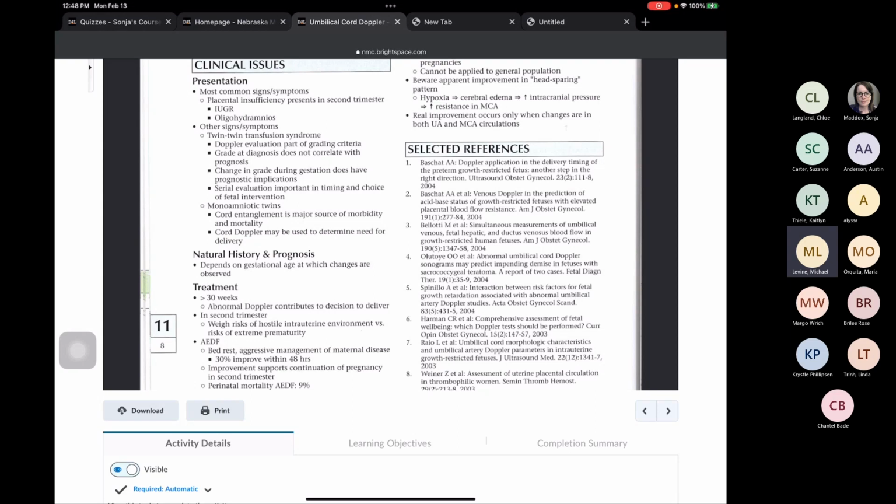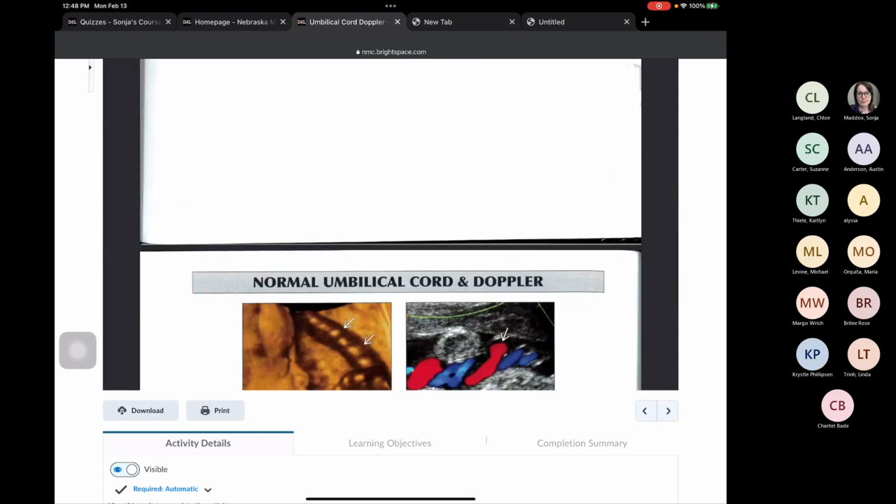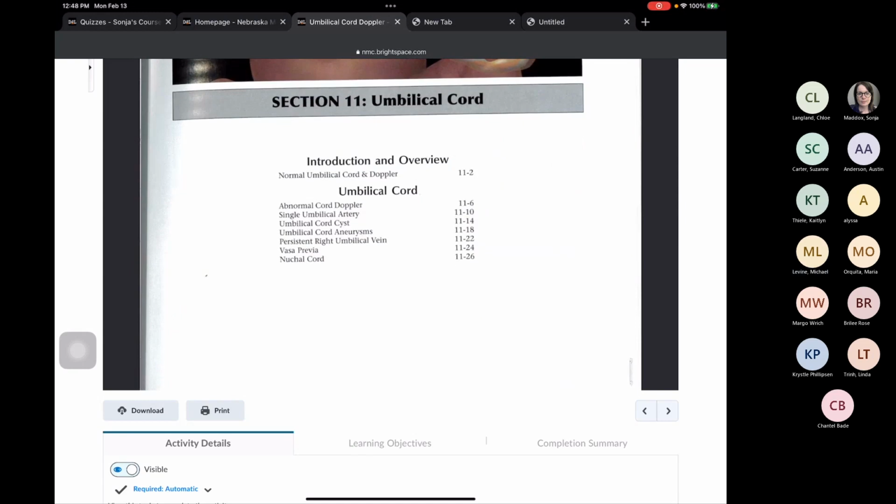I'm going to go back to content here a second. The other thing I wanted to go over with you is this little fetal assessment and safe labor management.